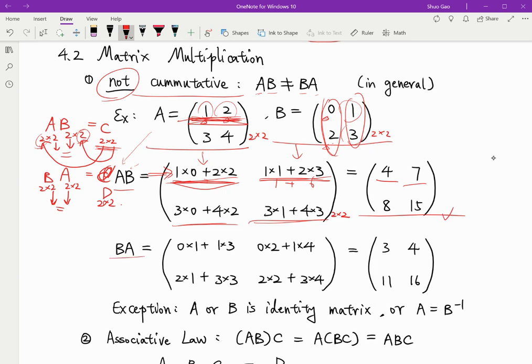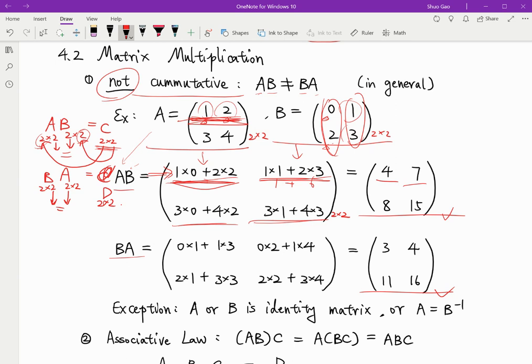But B times A, if we change the order, we can find, using the same method, everything the same, that the matrix is not the same as A times B. So this is a very important property of matrix multiplication: the order of the multiplication affects the result.